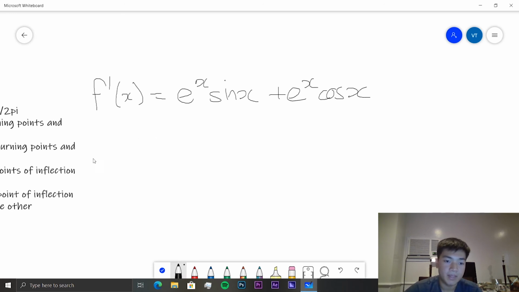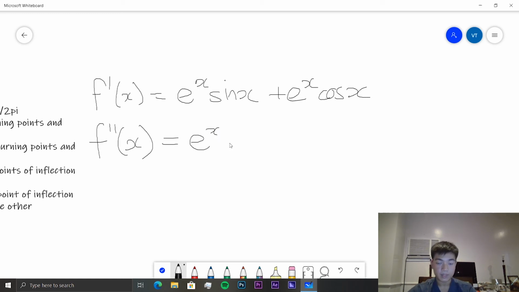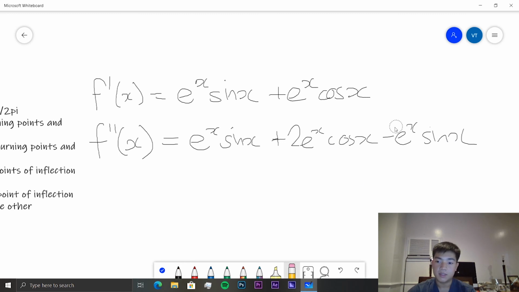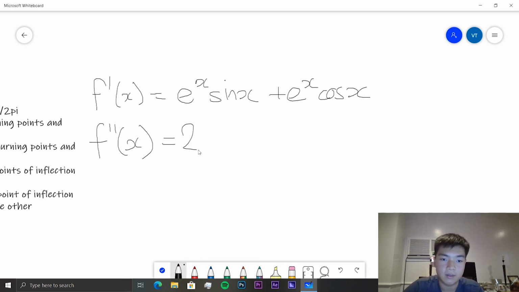And then f double prime x is equal to, I'm sure there's a way to simplify this actually, but this would be e to the x sine x plus e to the x cosine x plus e to the x cosine x minus e to the x sine x. So these two at the end would cancel out, so it's just 2e to the x times cosine x.